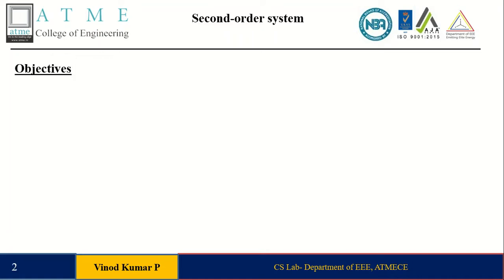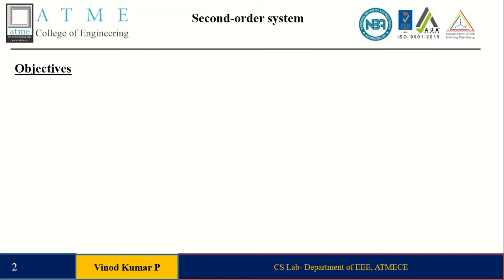So coming to the second order system, as we already discussed the basics in the frequency response of a second order system: the transfer function, how we calculate the characteristic equation, how the roots will be placed in the imaginary axis, how to plot poles and zeros, and what is the RH criterion.